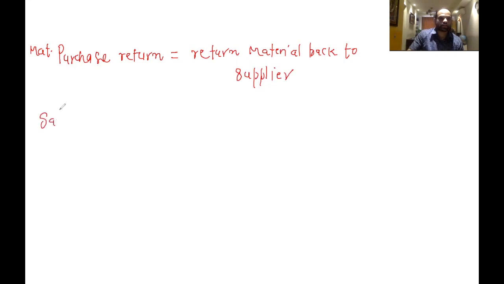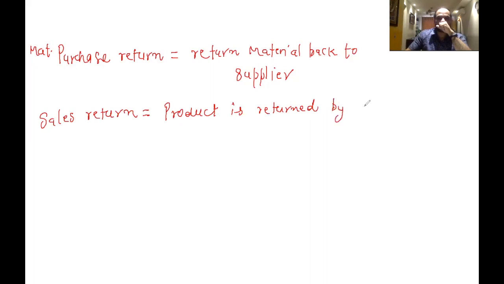Next is sales return. Sales return means the product that you sold to the customer is returned by the customer. The customer returns the product back to you. If the customer bought on credit, accounts receivable will reduce.